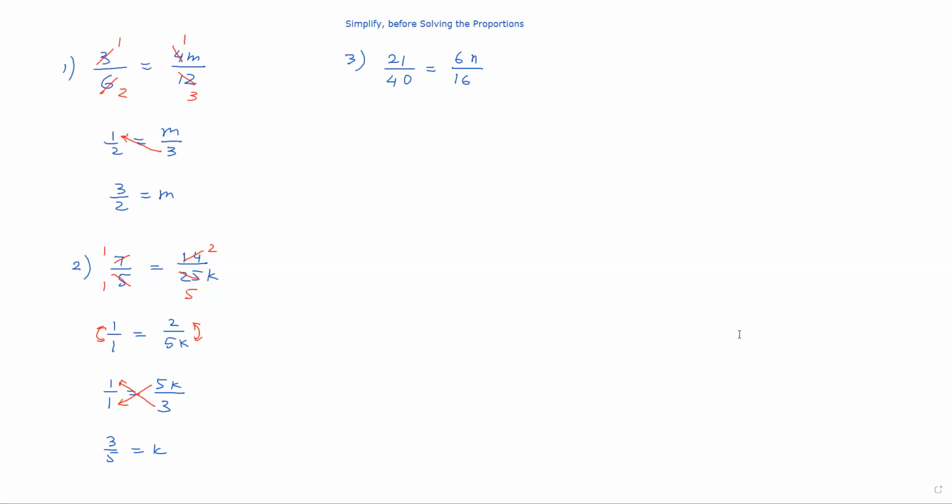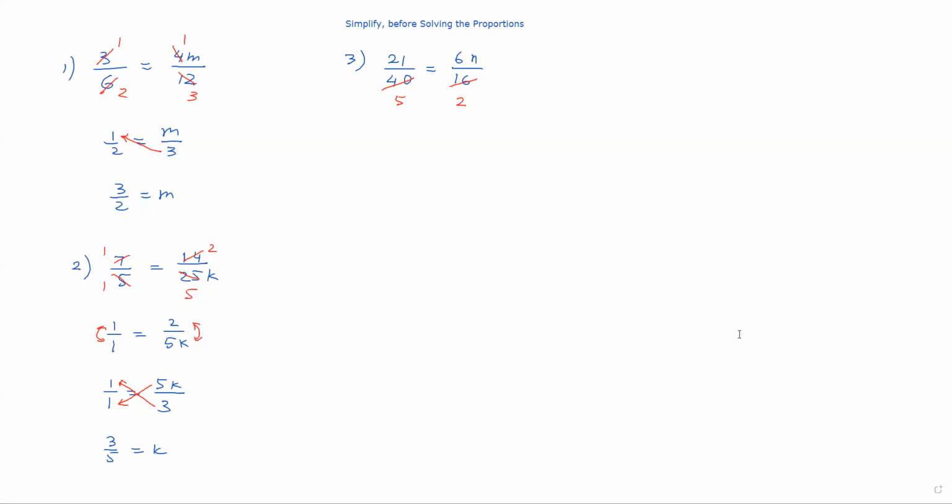We can take care of the 21 and 6, or we can do instead 40 and 16. Before you do anything, you have to evaluate which way would be more practical, more efficient. If we do this horizontally, then 40 and 16 have a common factor of 4, so we can divide both of them by 4. Actually, we can divide them by 8. So this will be 5, and this will be 2.